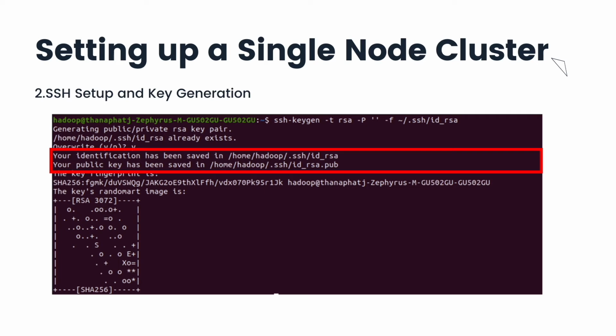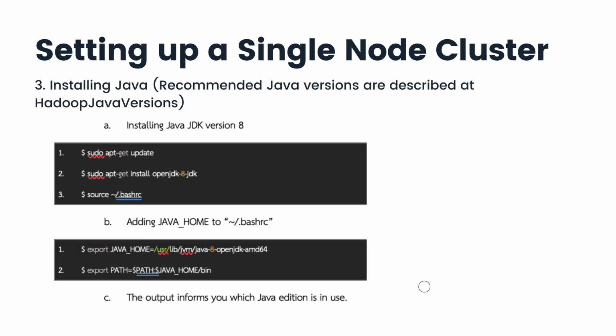The SSH setup is required to do the different operations on a cluster, such as starting and stopping the distributed daemon shell operations. We need to install Java, and we decided to use Java version 8 to be compatible with the Hadoop version.